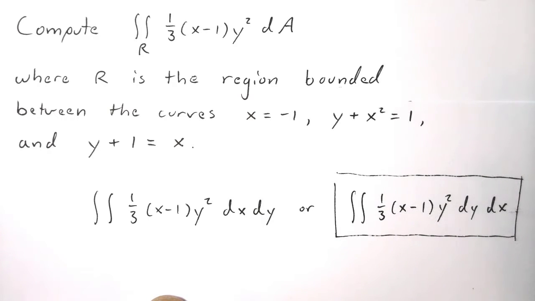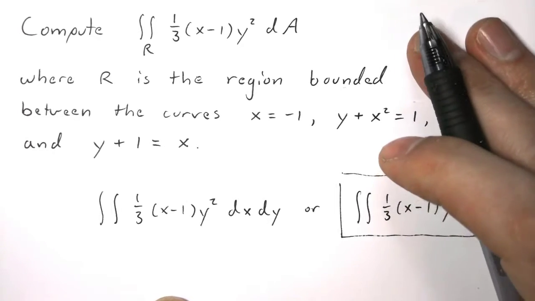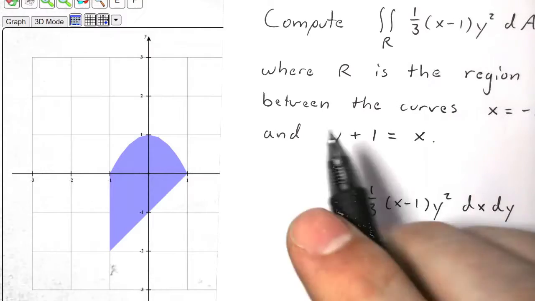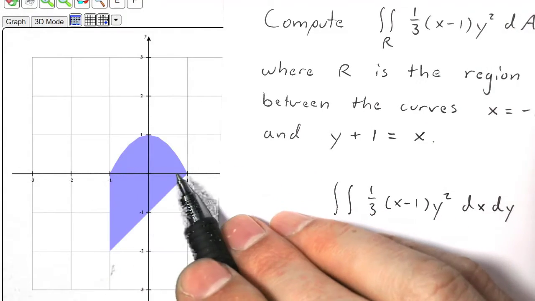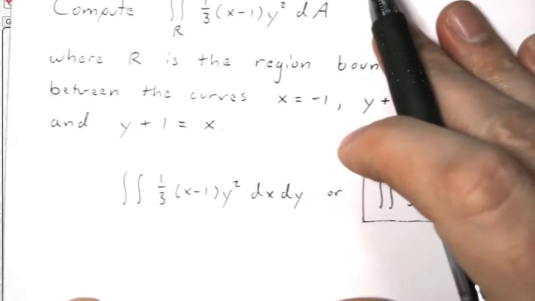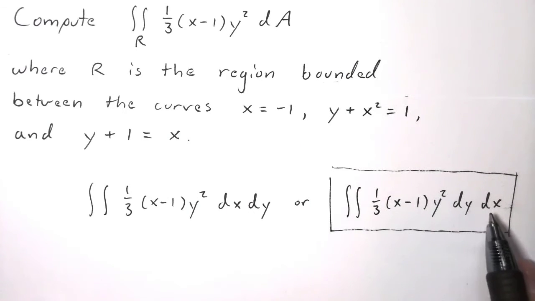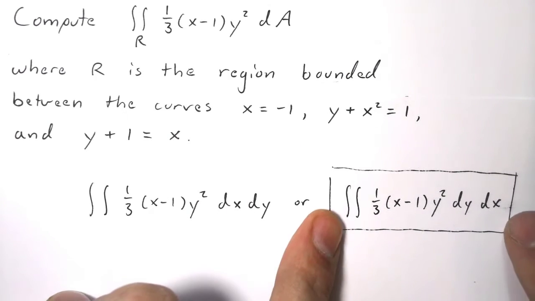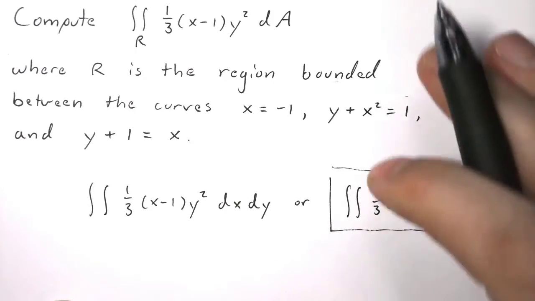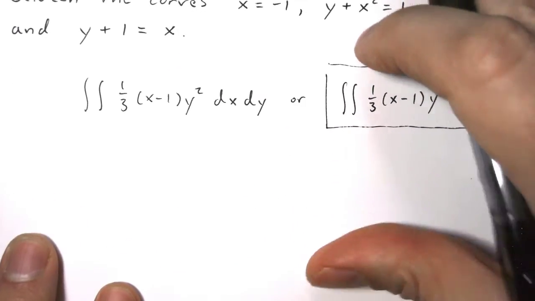Let's think about what those are going to be. For each value of x, x is going to go from -1 to 1. That actually tells me what the outer bounds are. dx is the outer integral, so that's going to go from -1 to 1. So that's how I'm going to set this up.